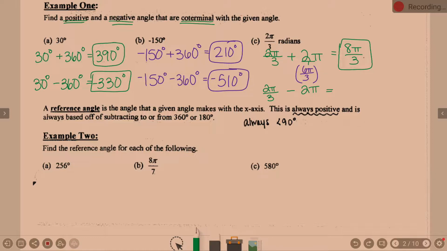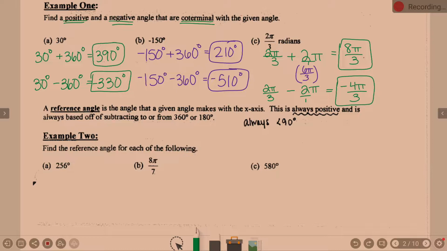And obviously, if we're subtracting 2 pi, think of it as 2 pi over 1. What's 2 pi over 3 minus 2 pi over 1? Or in other words, 2 pi over 3 minus 6 pi over 3? Negative 4 pi over 3.